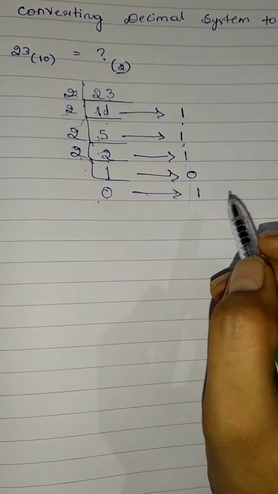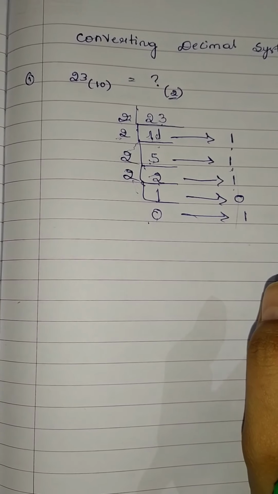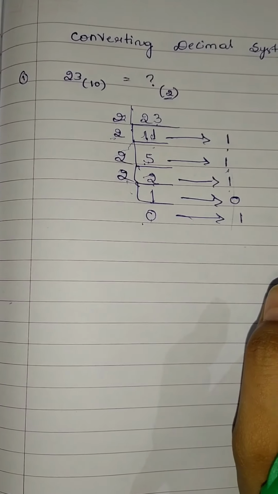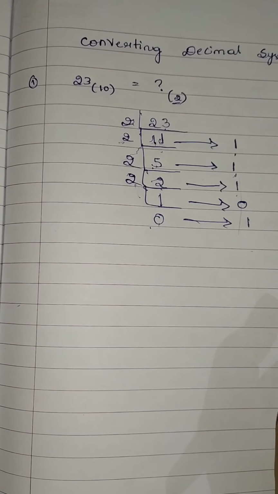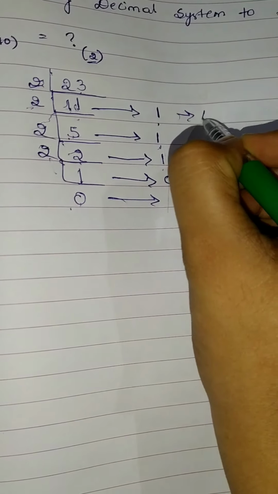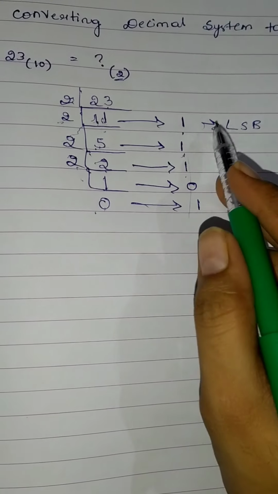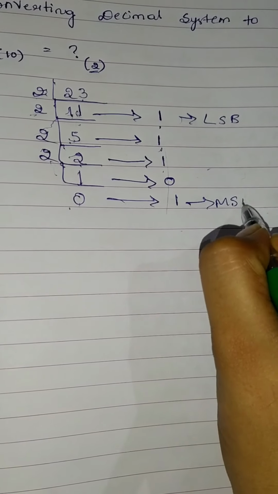So after getting all these remainder values, now we have to note down the binary result that we obtained from the remainders. This first digit is considered as the LSB, that is least significant bit, and this is considered as the most significant bit.